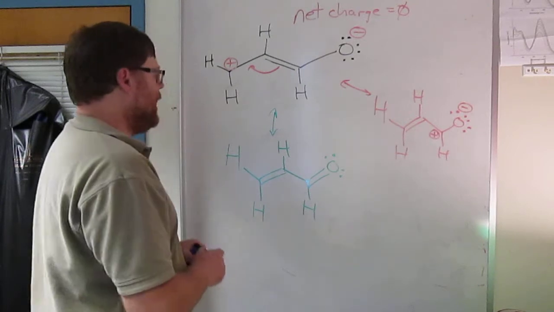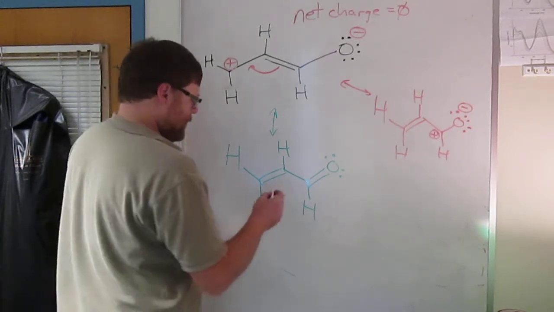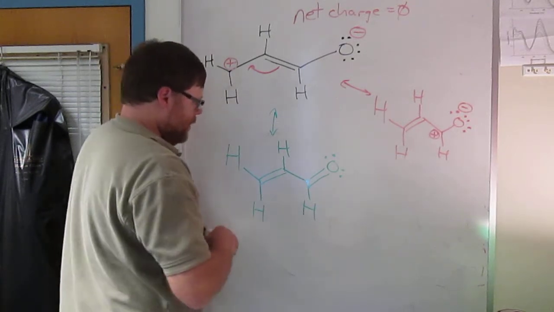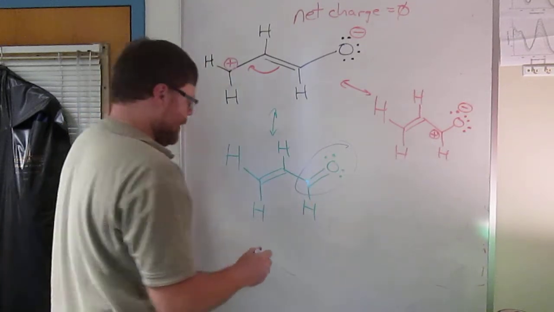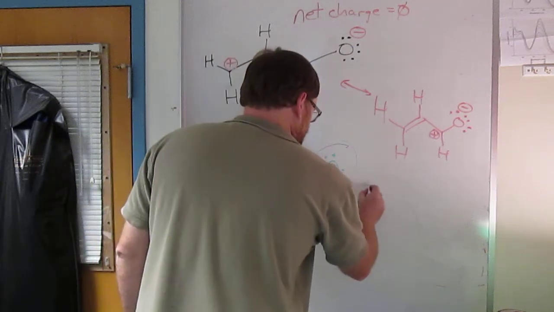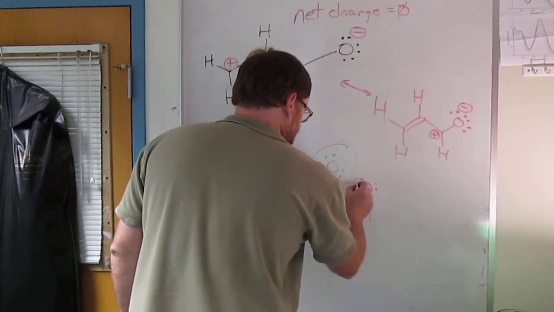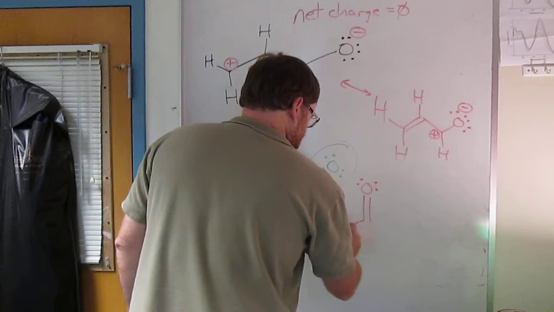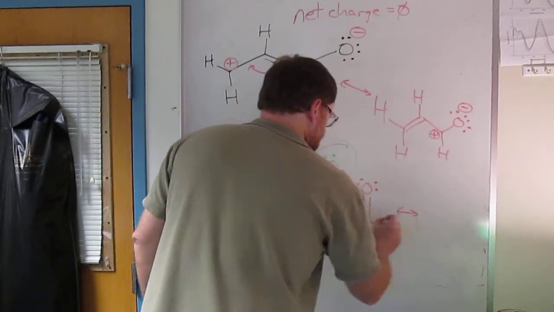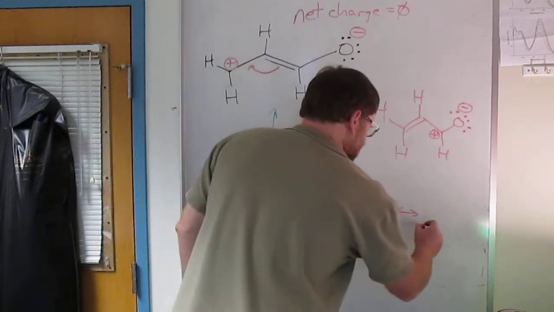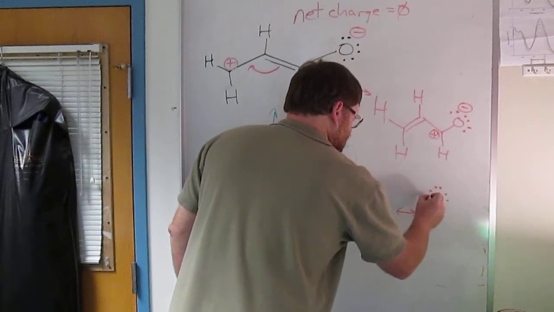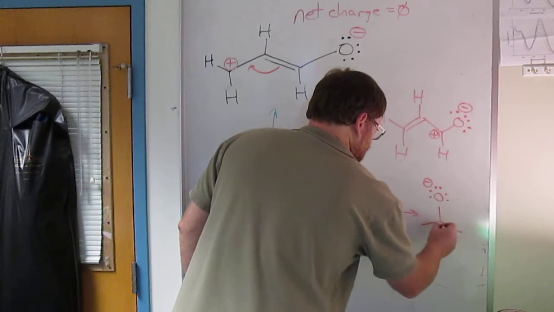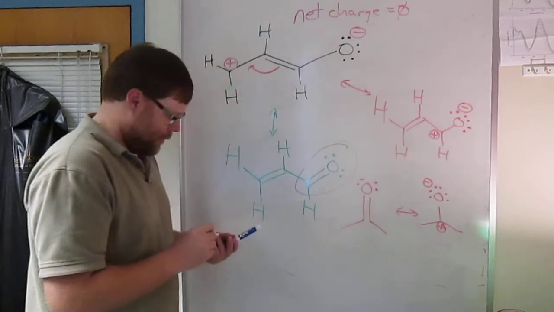And in fact, anytime you have a carbonyl, so I'll circle that in blue, a carbonyl is a carbon-oxygen double bond, an important resonance contributor of any carbonyl will have negative charge on the oxygen, positive charge on the carbon.